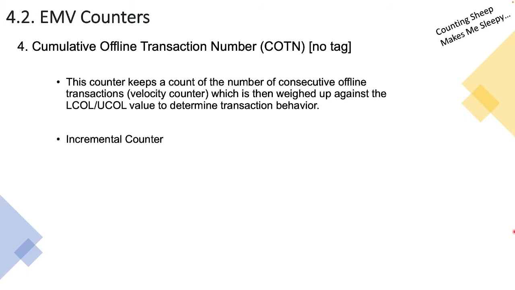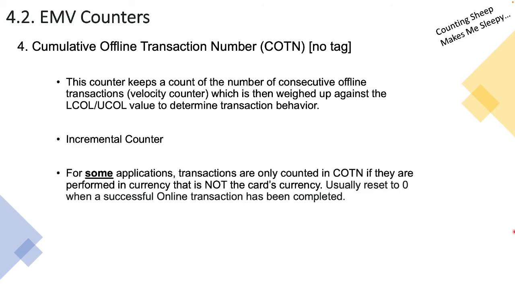COTN is also an incremental counter, so we start at a base value and we add up. Interesting to note, I'm not going to discuss every single permutation for every single version of every single application. Just understand that for some applications, for a transaction to be counted in COTN, it needs to be performed in a currency that is not the card's currency.